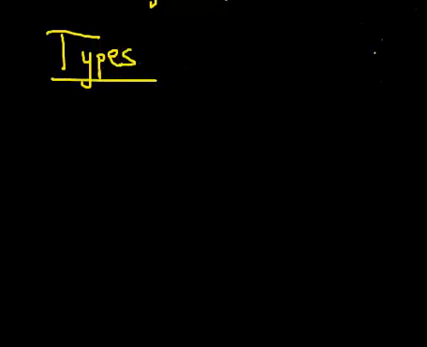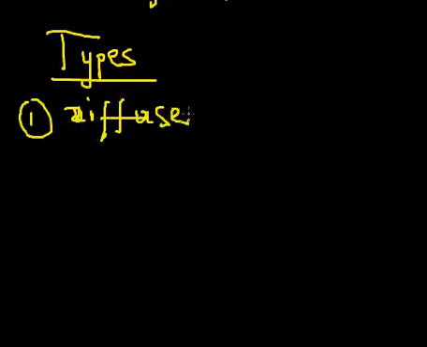Depending on how smooth or rough the surface is, reflection can be classified as either diffuse or regular reflection.